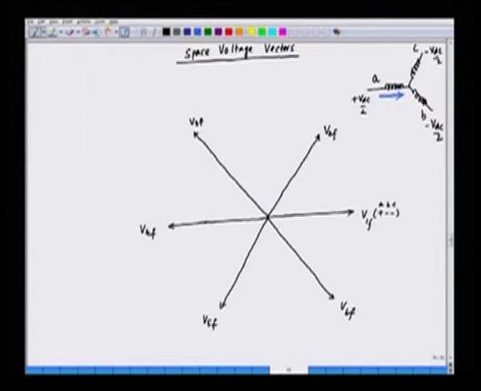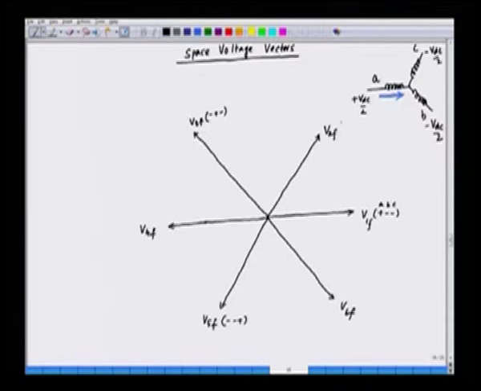Now, when we write f it means full vector, and then what is this? So, V3f is minus plus minus, and V5f is minus minus plus.